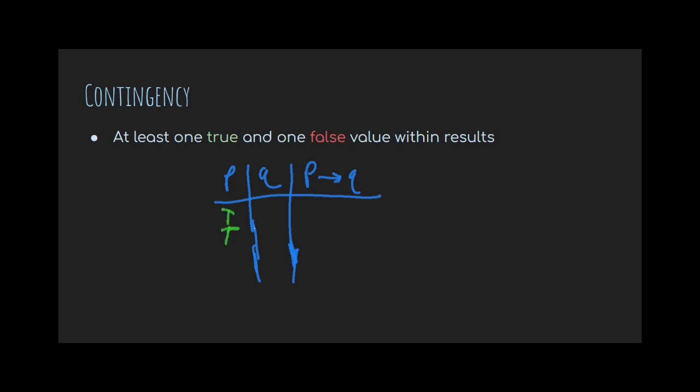True, true, false, false, true, true, false, true, false. We're going to get true, and then the second one is false for true false, and we can see here that we have at least one false, at least one true, and that makes it a contingency. It's as simple as that.